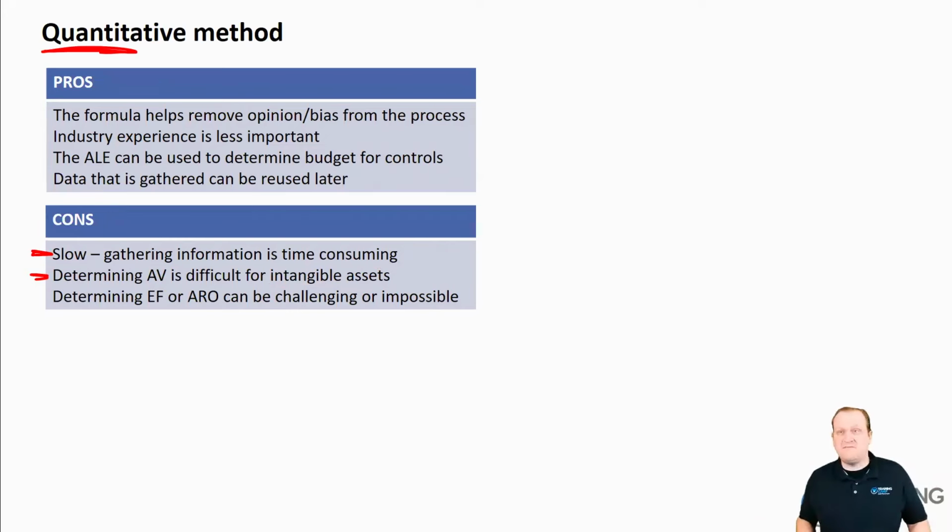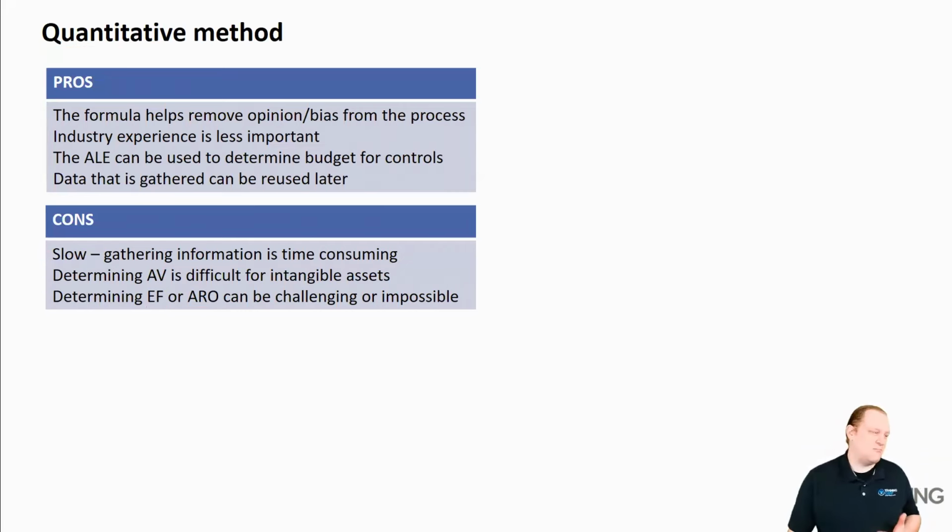It may as well be infinite as far as I'm concerned, because as long as it stays a trade secret, that's still a product that we've got control over. And if that goes on for 1,000 years, that's 1,000 years of profit. How do I put a dollar sign to this? I'm not sure. Determining exposure factor, how much of an asset is lost during an attack, or figuring out annual rate of occurrence, frequency, can be challenging or impossible. So, okay, neither system's perfect.